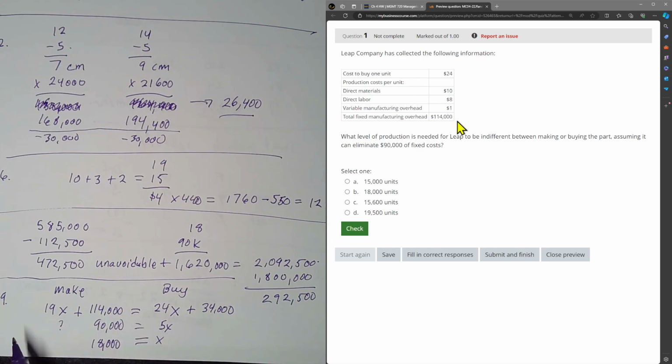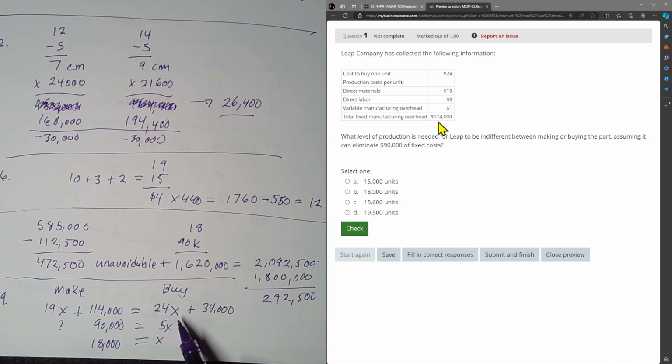Remember, total costs are variable costs plus fixed costs. On the other side, that should equal the cost of buying it, 24 times that same level of production, but not as much fixed costs, assuming you can eliminate 90,000 of fixed costs.